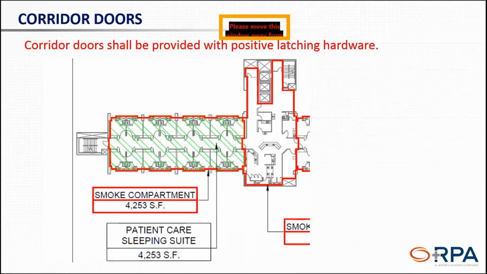So you're relying on those drawings pretty significantly to identify where your barriers are, where your features are, but also where your suites are. So if you have a suite arrangement like this, we're not worried necessarily about latching hardware on these doors because that's within the suite, but we are worried about where that suite ends, and we would be looking for positive latching hardware on those suite doors.